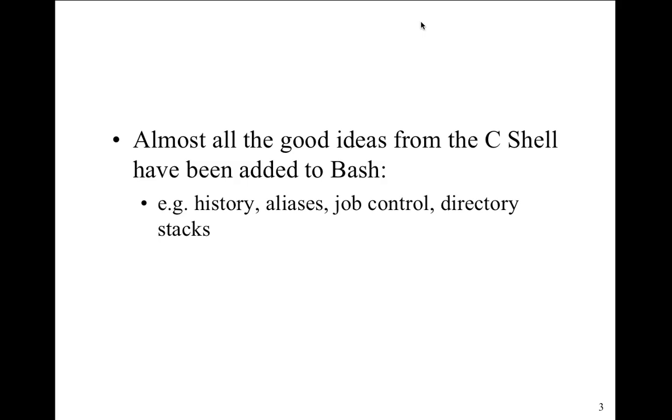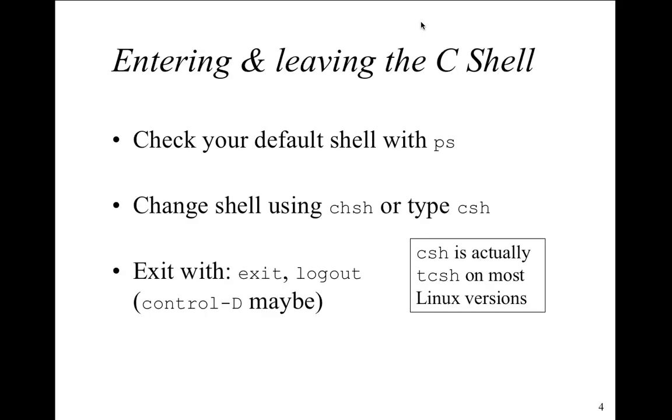It's not all the same, but if you're on a MacBook, it's going to be a Bash shell, and most of the C shell features have been added to it. And as I was saying yesterday, most shells are pretty much equivalent these days because everybody borrowed and stole from everybody else. It's kind of like every word processor has the same features. Every shell's got the same features: history, aliases, job control, directory stacks, all sorts of different things.